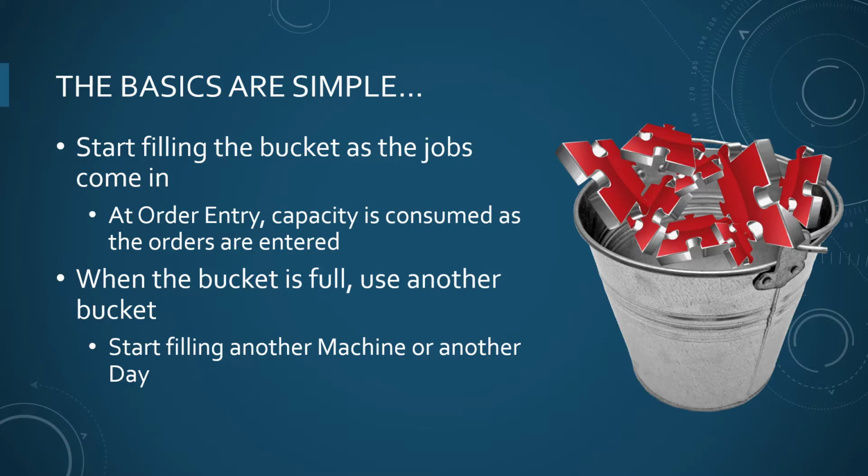So it's being consumed as orders are entered. And of course, when that bucket is full, it'll move on and find another bucket. So if we can't extrude this on the 25th, well, let's look at the 26th and the 27th and the 28th, etc. And so we'll keep filling that capacity, keep filling that order until we have completed the order by loading capacity in each one of the jobs in the routing.